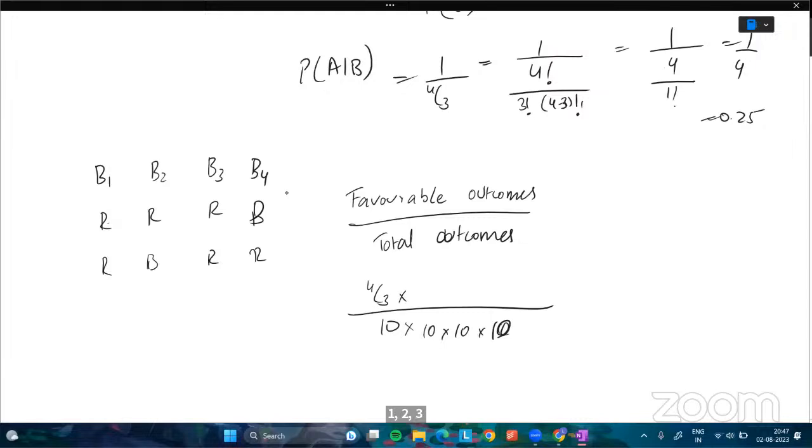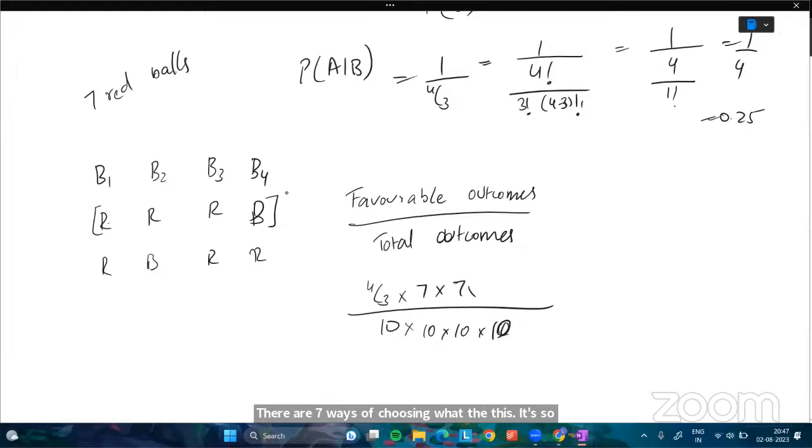And then, for the number of ways, we will have a combination, a set of positions like this. Now we need to find which red ball this will be. There are 7 red balls to choose from, so there are 7 ways of choosing this red ball. Similarly, there are 7 ways of choosing this red ball also, because we replace whichever ball we took here. And then again, this has 7 ways.